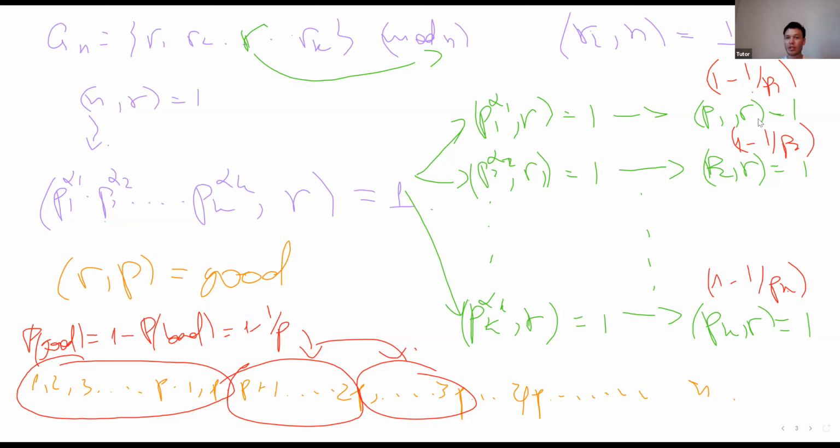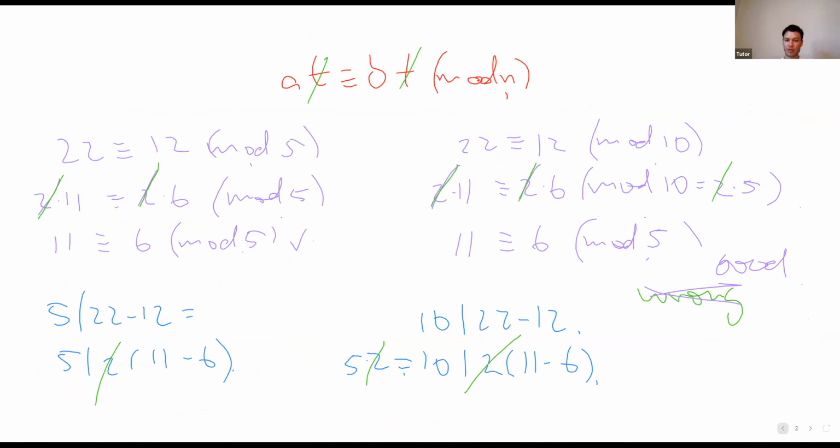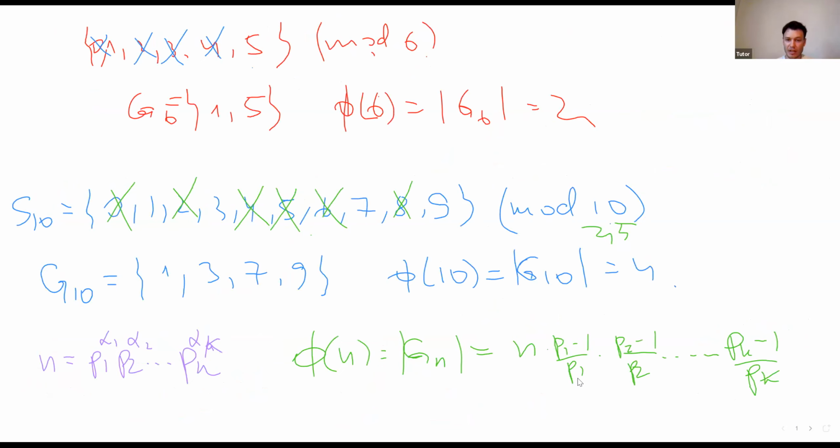Well, if these are the probabilities that R is good to each of these, what's the probability that R is good to all of them? Well, it's going to be this times this times this times this. So if you look at this formula here, these are basically probabilities. Probability good for P1. Probability good for P2. R and P2 are good.